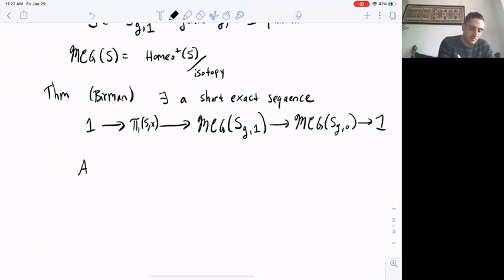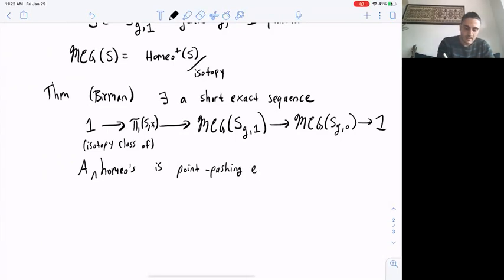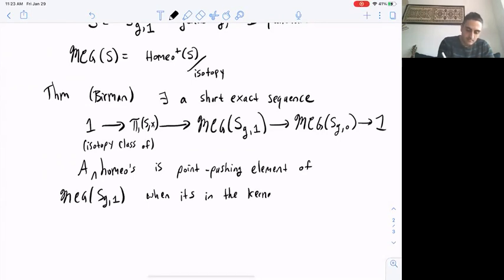So a homeomorphism, or really, if I'm being careful, an isotopy class of homeomorphisms, is point pushing, meaning it's an element of the mapping class group of the surface of genus G with one puncture that is in the kernel of this forgetful map.